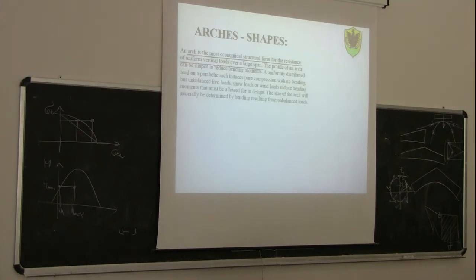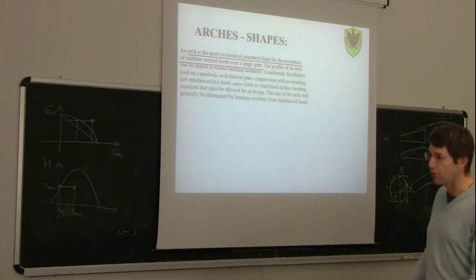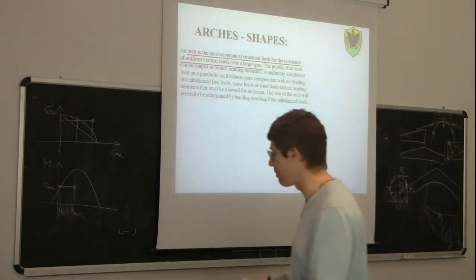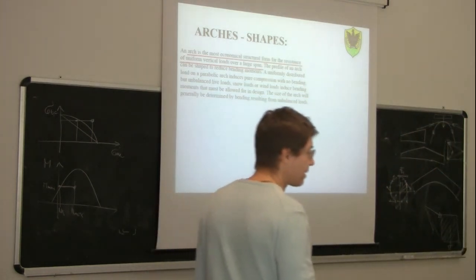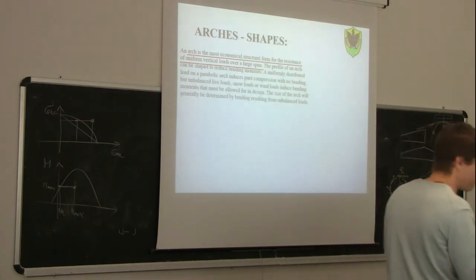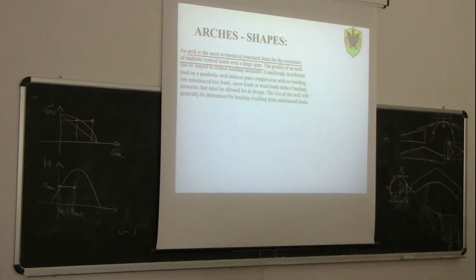So we can say that in general the arch is the most economical structural form for the resistance of a uniform vertical load over a large span. If you compare the table that I gave you yesterday for the preliminary design of the different structural systems, you will find that for an arch, the thickness h is, if I remember well, the length divided by 55.